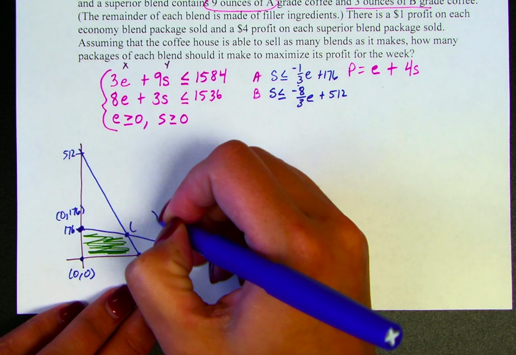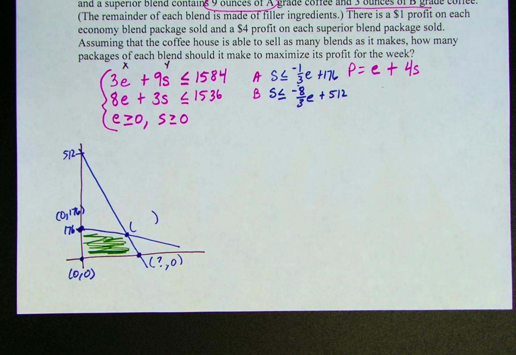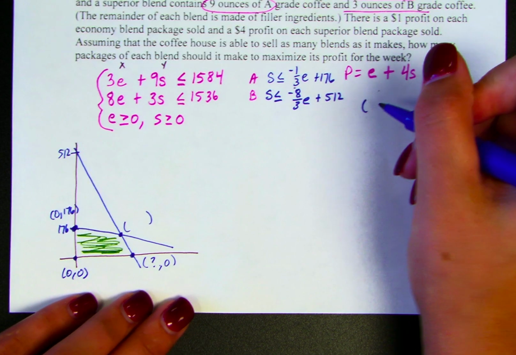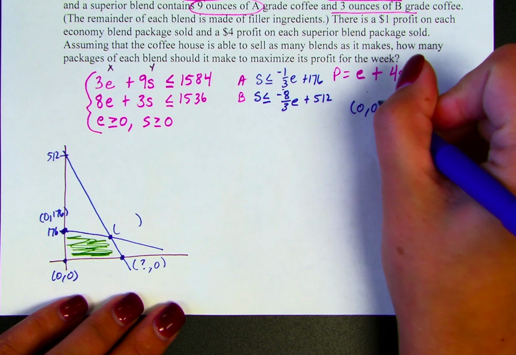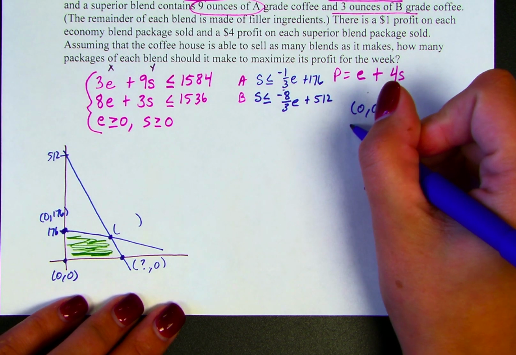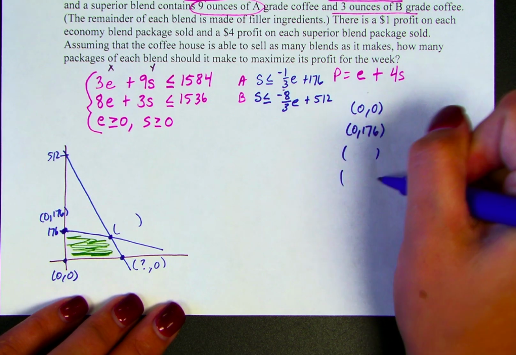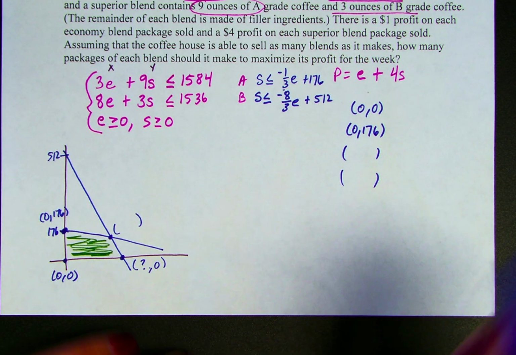And then we'll have to find this intersection. Okay. So over here, I'm just going to start writing the coordinates that I know. So 0, 0. And then we have 0, 176. And then now we'll need to figure out those last two.